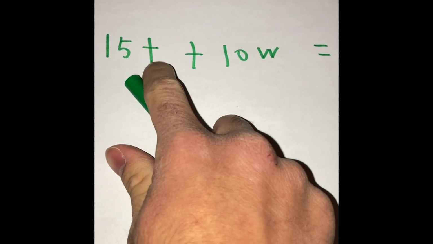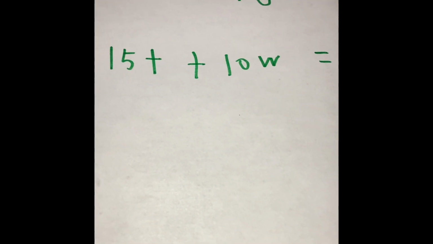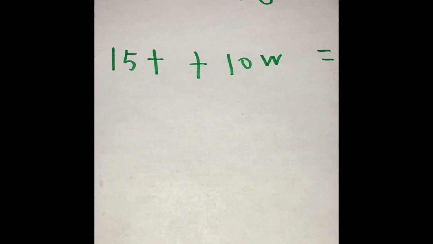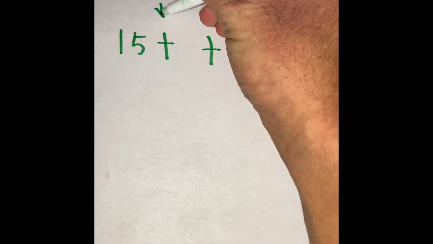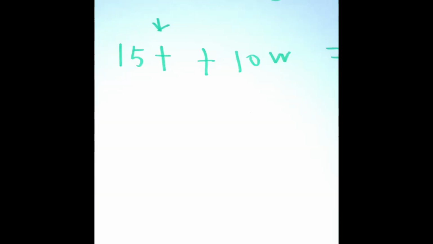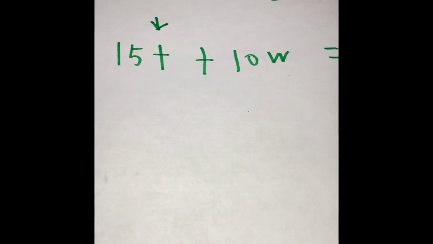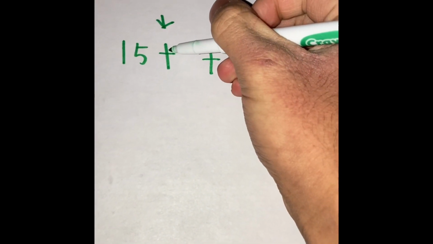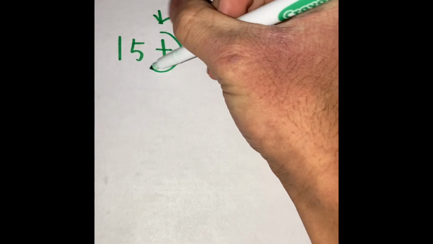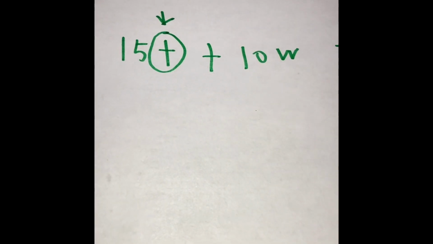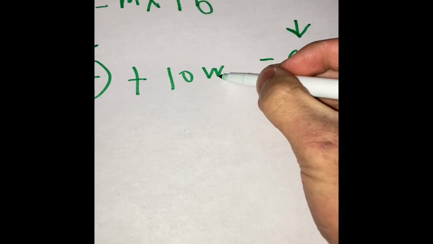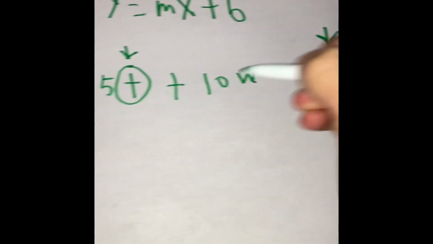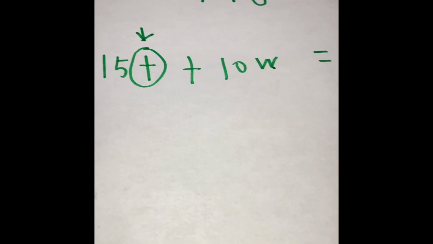I'm going to go with 15t, because T is the first letter of the name Topping Airlines. So what we're going to do is get that t alone. We want to get that variable w on the other side, so the 15t is all alone.